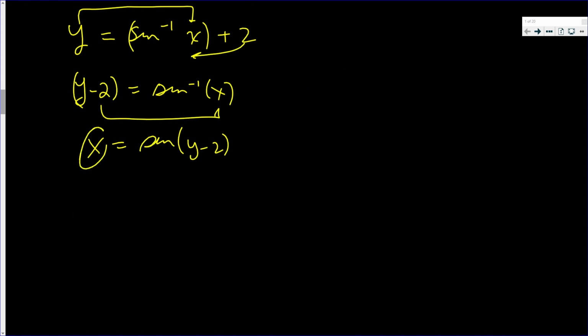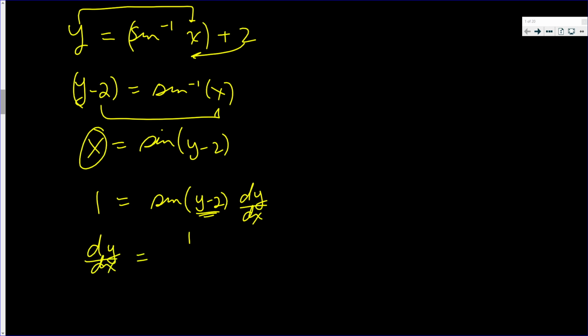With respect to x, the derivative of x is 1. The derivative of sine of any angle is the sine of the angle times the derivative of that angle, which is 1 dy dx. So, dy dx is equal to 1 over the sine of y minus 2.